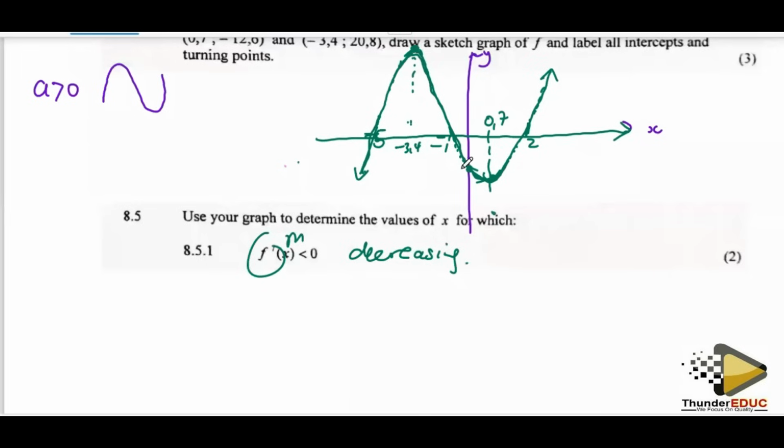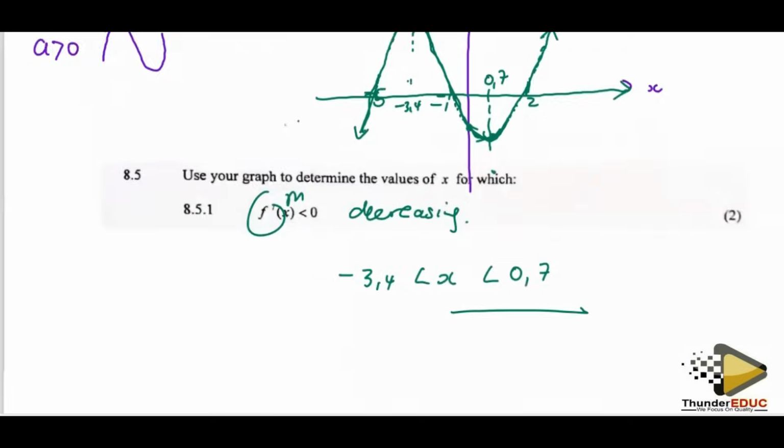So between this area, that's where we see the graph to be decreasing, because before that the graph is increasing, and then after the 0,7 the graph is increasing. So we're gonna say negative 3,4 is less than x, and then x is less than 0,7. So between those intervals, the graph will be seen to be decreasing.